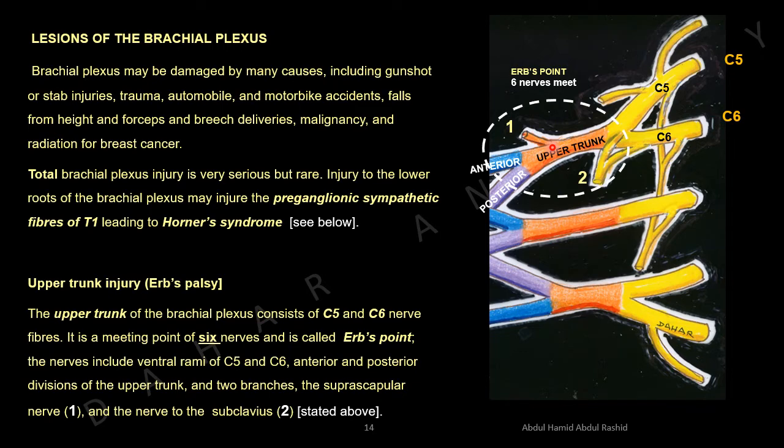These include C5 and C6, which form the upper trunk, which will divide or split into anterior and posterior divisions, and this upper trunk will give 2 branches: number 1, the suprascapular nerve, and number 2, the nerve to subclavius. So C5, C6, anterior division, posterior division, suprascapular nerve and nerve to subclavius, all 6 of them meet at this point called Erb's point. It is already stated above.